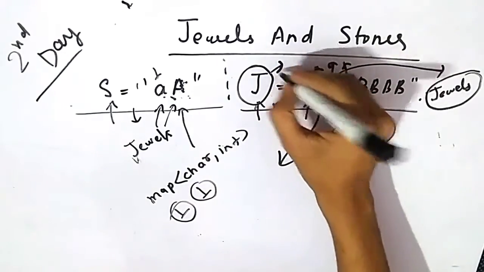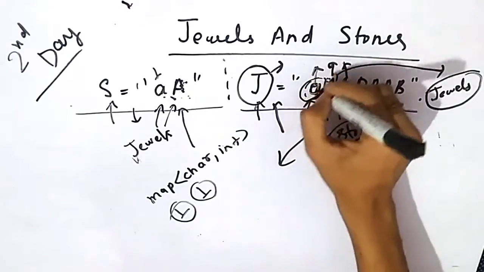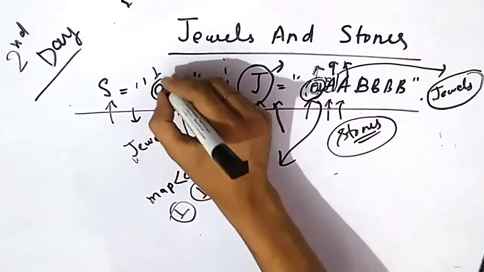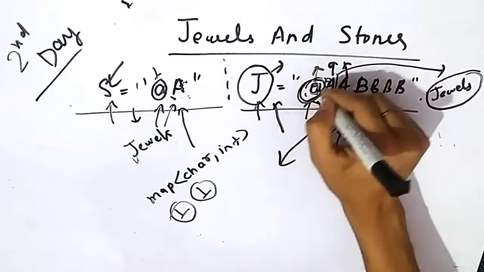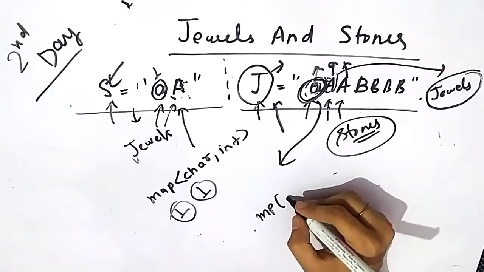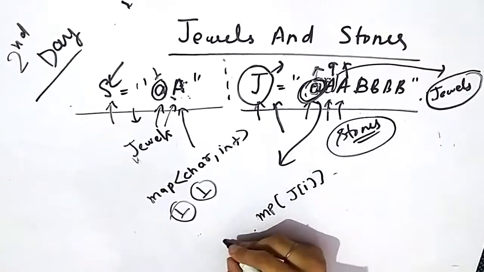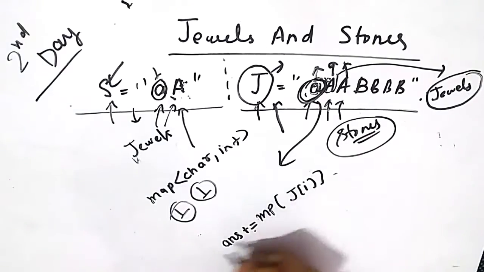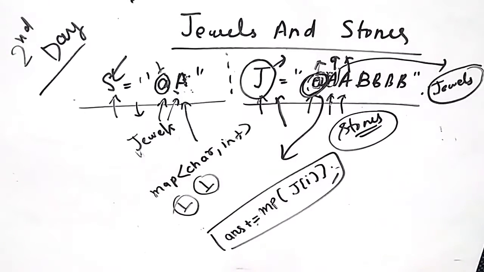When we traverse J, we will see what the frequency of this element is in the map, because we have already stored that frequency by using this string. So when we traverse this string, we will look at map of J of i, and store it in our answer variable. This is a very simple approach. So let's see the code.